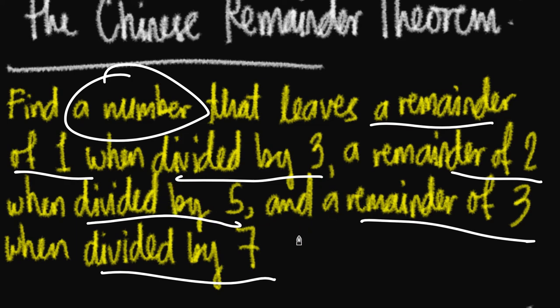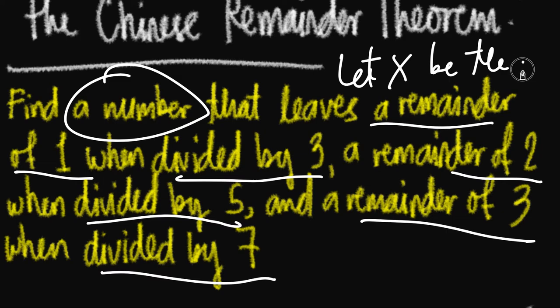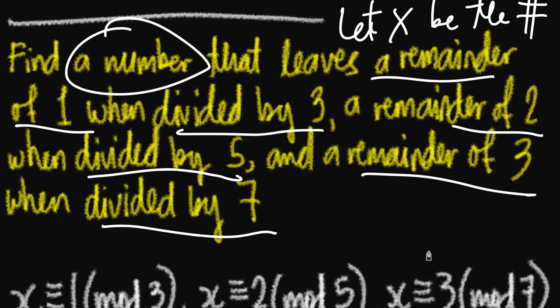So if we let x be the number, therefore it leaves a remainder of 1 when divided by 3. So x is congruent to 1 mod 3, x is congruent to 2 mod 5, and x is congruent to 3 mod 7, which is shown here.